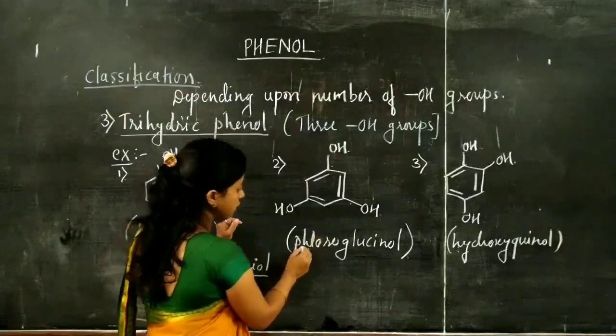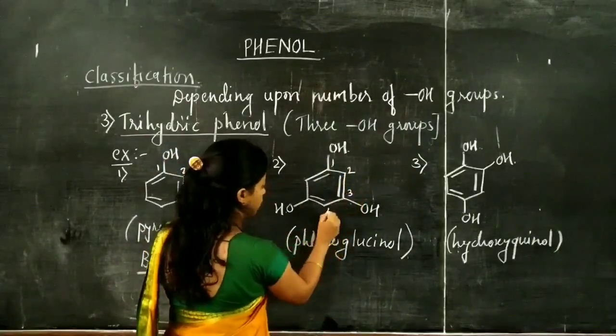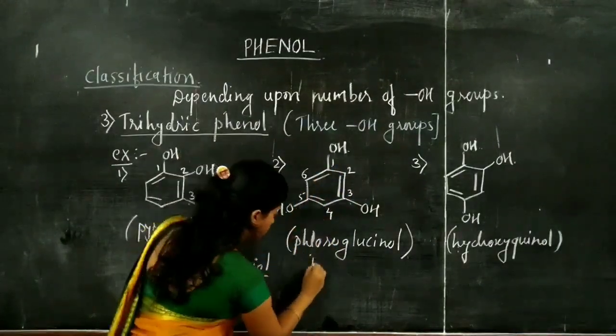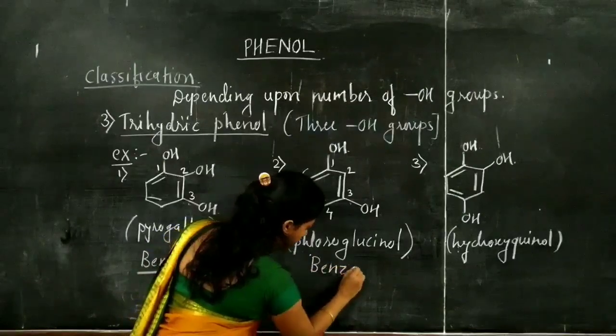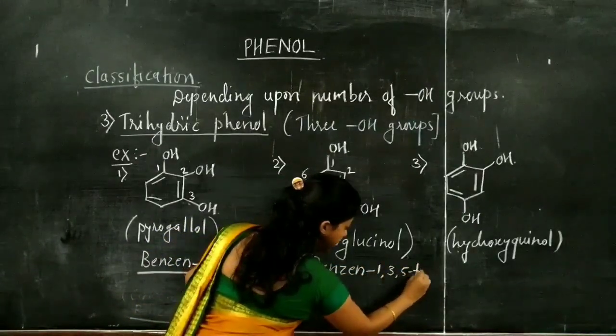For phloroglucinol, the 3 OH groups are present at 1, 3, 5 positions. So its IUPAC name is benzene 1,3,5-triol.